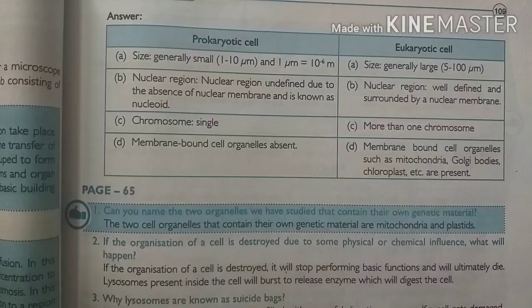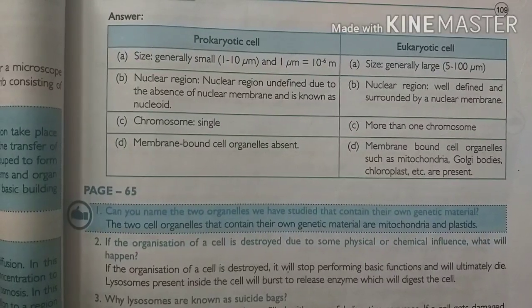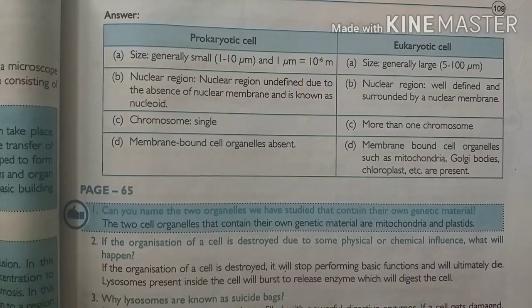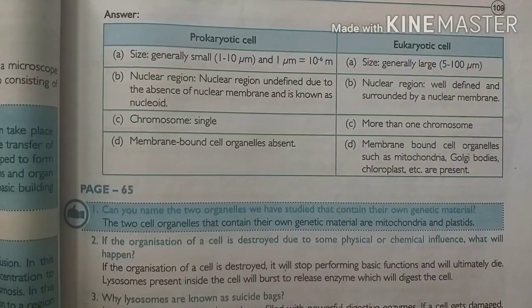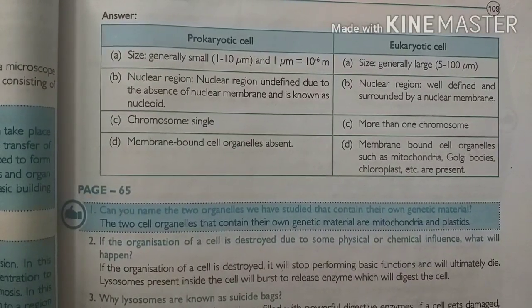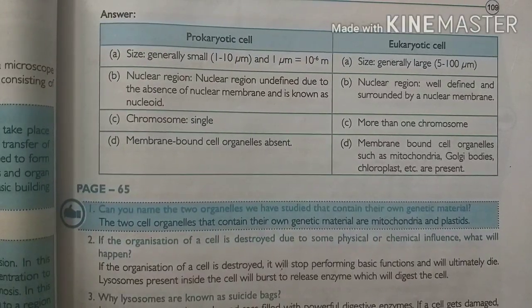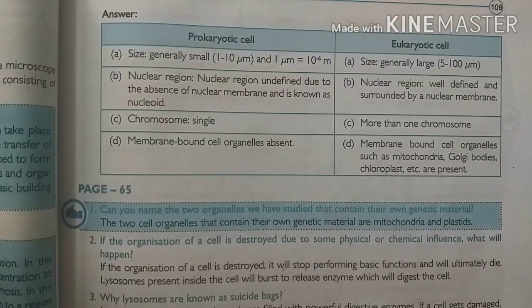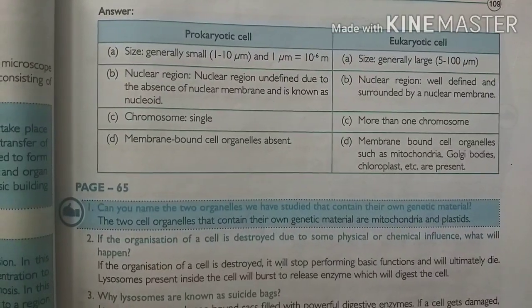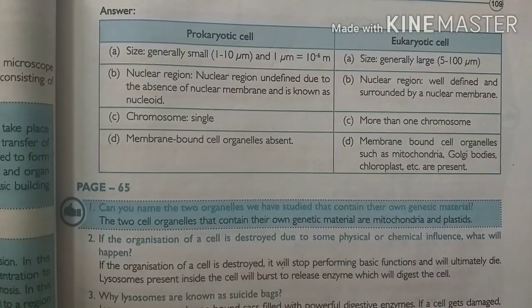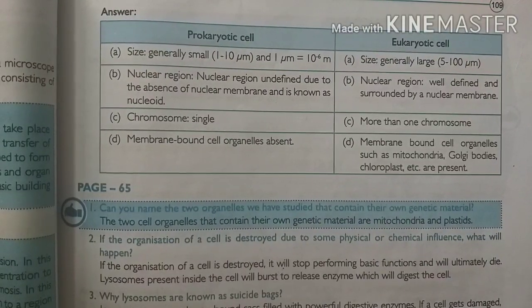Membrane bound cell organelles are absent in prokaryotic cell, and in eukaryotic cell, organelles such as mitochondria, Golgi bodies and chloroplast are present, membrane bound.